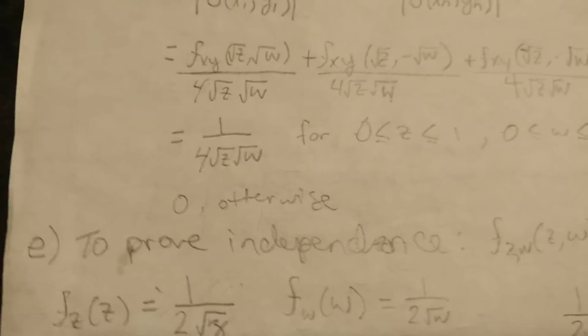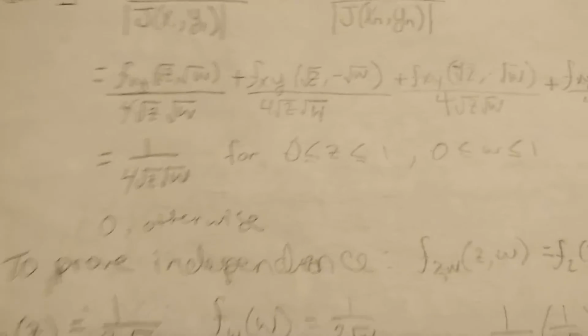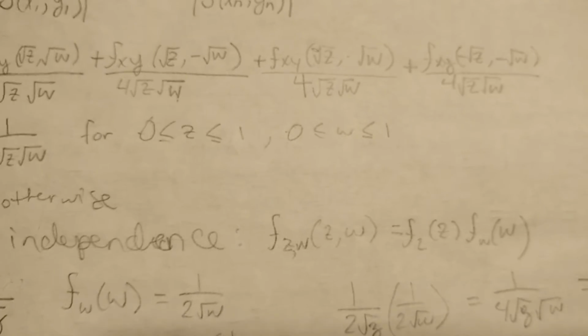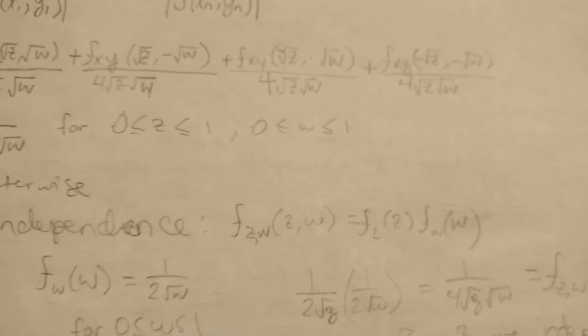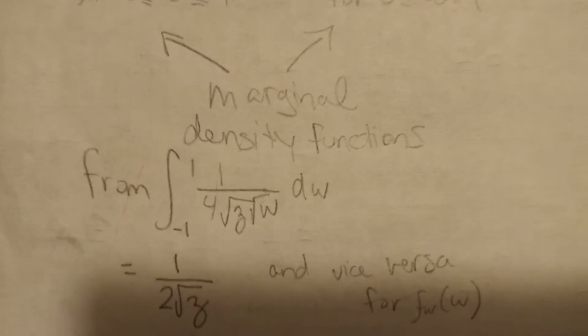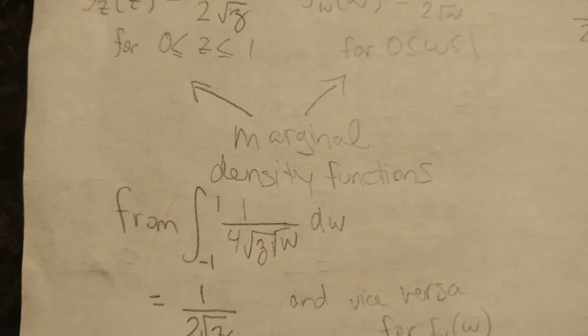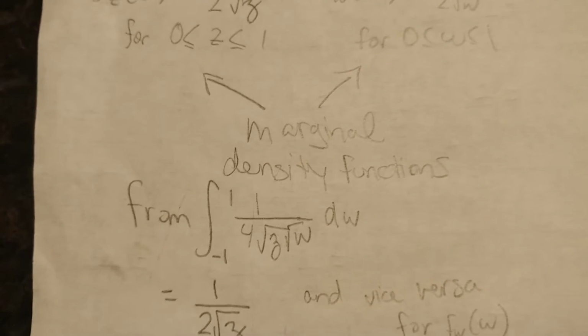To prove that X squared and Y squared are independent, we do something similar to what we did to prove that X and Y were independent. We get our marginal density functions. They're similar for z and w, but here's an example for z. f_Z(z), integrating from -1 to 1 of 1 over 4 root z root w dw, equals 1 over 2 root z.